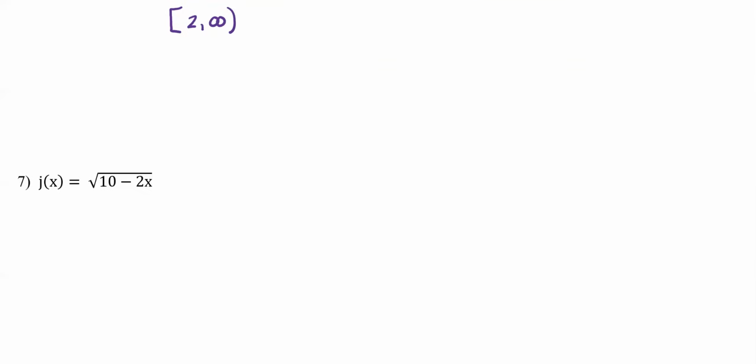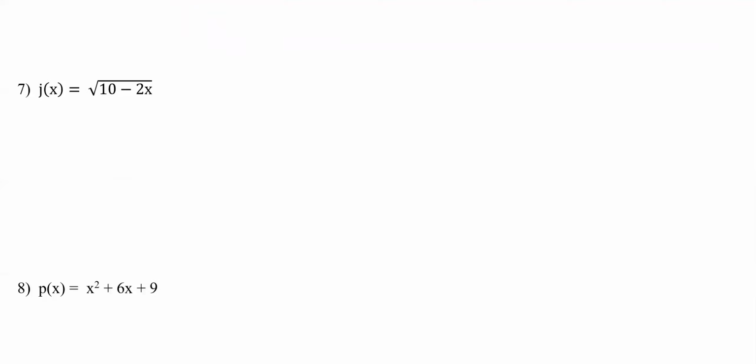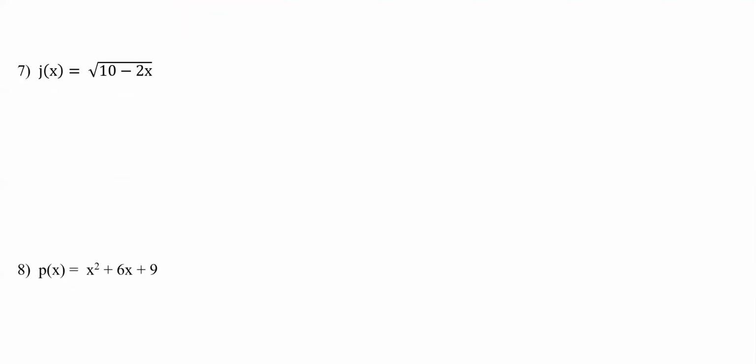Number 7, j of x. We have a square root. We want to find the domain. We know that the radicand must be greater than or equal to 0. I'm going to go ahead and subtract 10 from both sides.